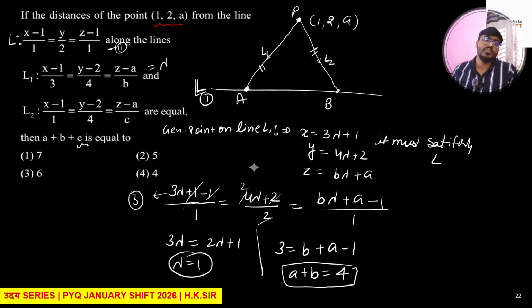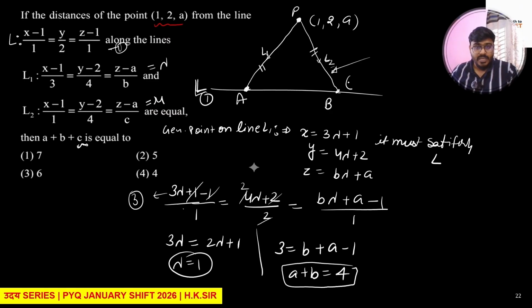Now our target is to find c also. So how to find c? We can take a general point on this line L2. What is the general point? Take in terms of μ, so make it equal to μ.